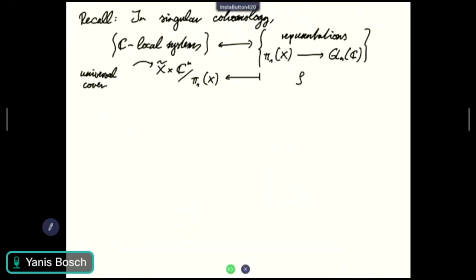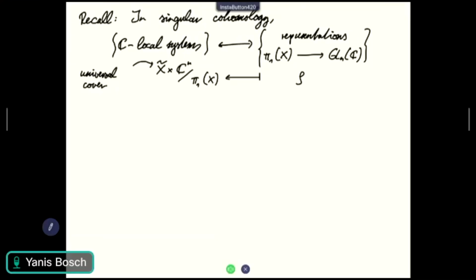Okay, and by a slight detour, I want to talk about representations. In singular cohomology, there was this fact that local systems can be equivalently understood in terms of representations. So in the complex world, C local systems can be matched with representations of the fundamental group on finite dimensional C vector spaces.